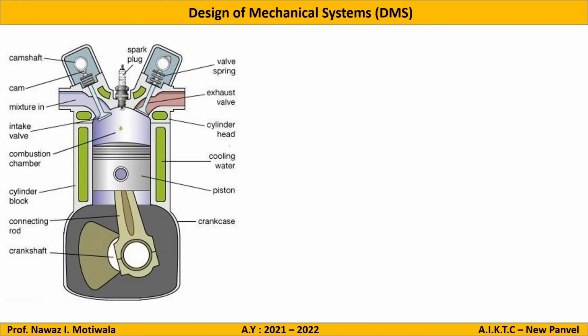The various things are cooling water, piston, crankcase, etc. Just see the quantum of things you will be designing in this topic. It is an overview of all the components which you will be designing in the IC engine topic. That's why it is a 20 marks question: design an IC engine, because it's an exhaustive list of components which you have to design. Okay, so we will see it later.